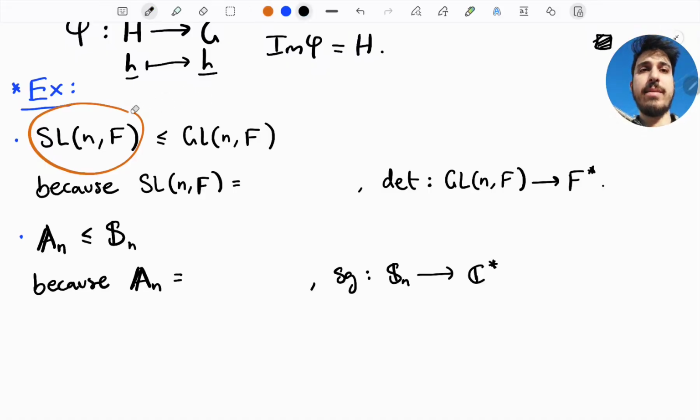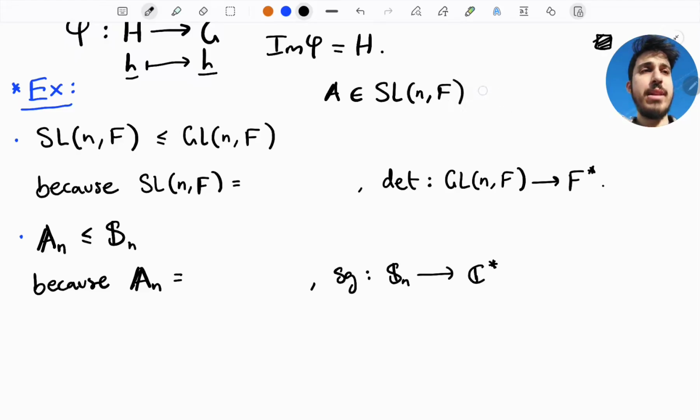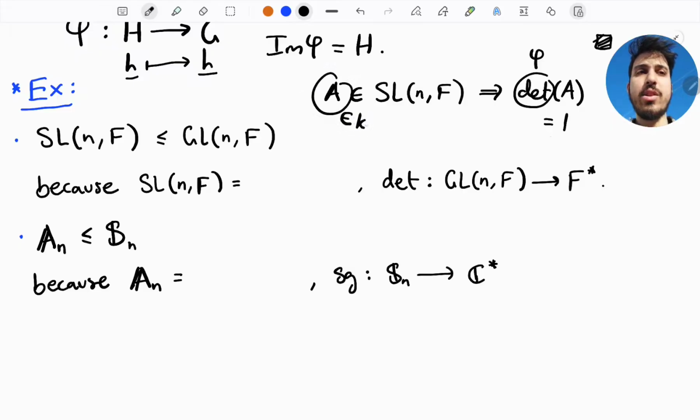So if A is in SL_n(F), then that means that the determinant of A, so this can be considered as the phi, the homomorphism, is equal to the identity. So A would be inside the kernel of this phi being the determinant, so the kernel of the determinant.